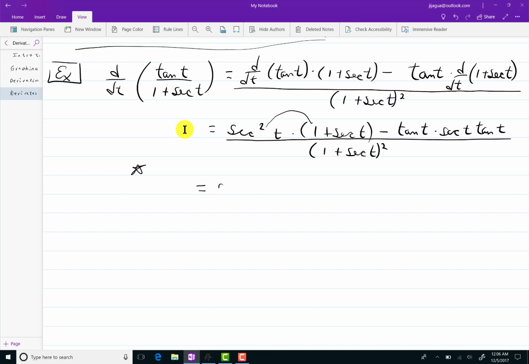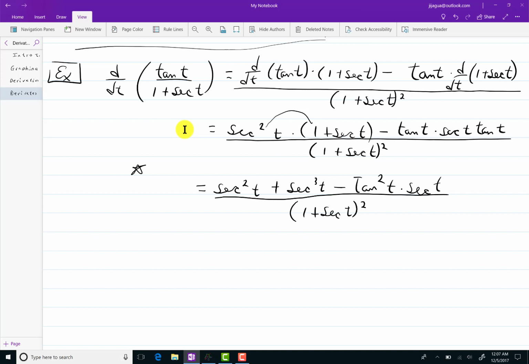I'm going to get secant squared of t plus secant cubed of t minus tangent squared of t times secant of t, all over 1 plus secant of t squared.